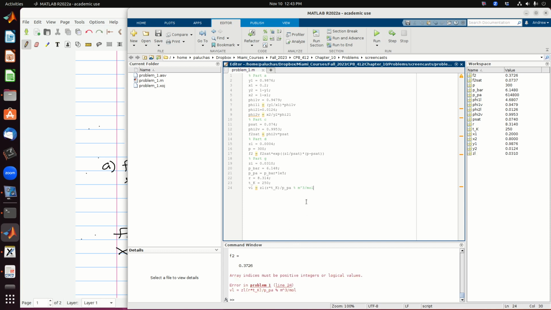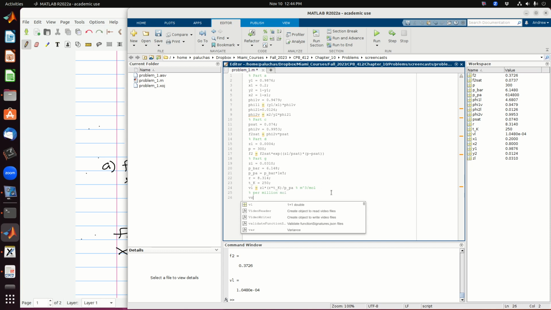So if I run that, I forgot a multiplication sign, so if I run that, I get 1.0480, so this would be meters cubed per mole.